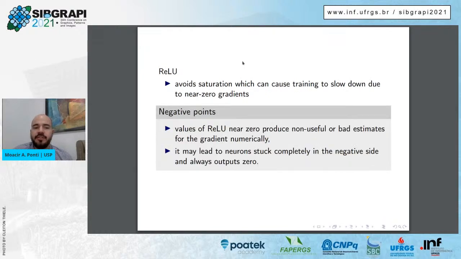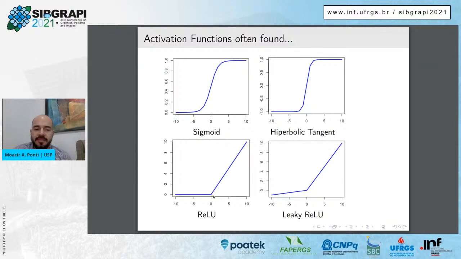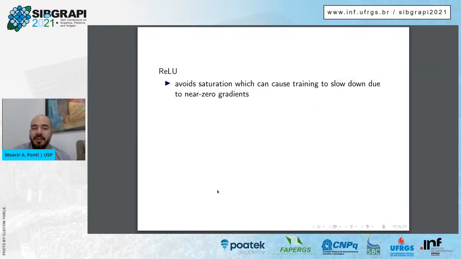However, there are some negative points. Values of this function that are near zero produce non-useful or very bad estimates for the gradient. And numerically, this is a problem, especially due to this inflection point here, which is quite abrupt. So mathematically, this does not behave very well.